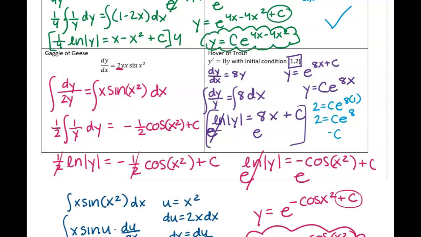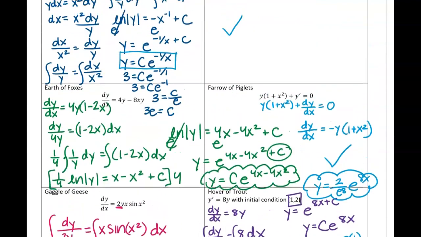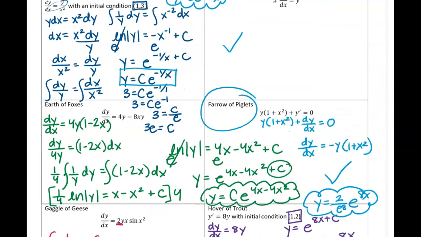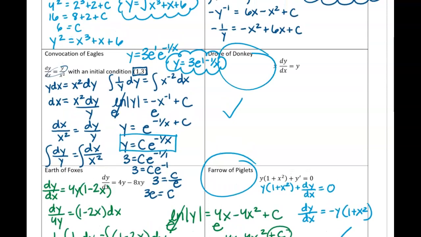So then c is lovely, right? 2 over e to the 8th. Again, really ugly, but it totally works. So then our answer, instead of c e to the 8x, is y equals 2 over e to the 8th times e to the 8x. And that's it. And my key is really messy here. The one posted in this folder is better. And again, finish this one, do this one on your own, check your answers with the key.